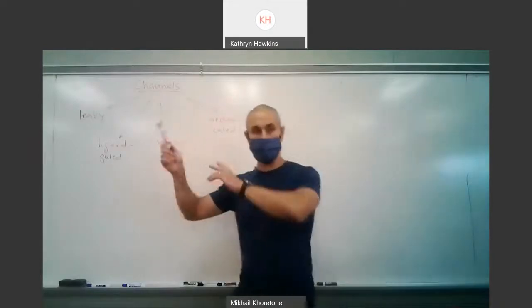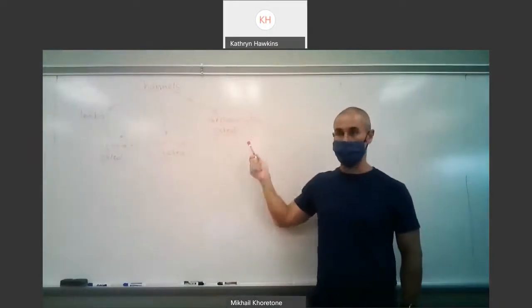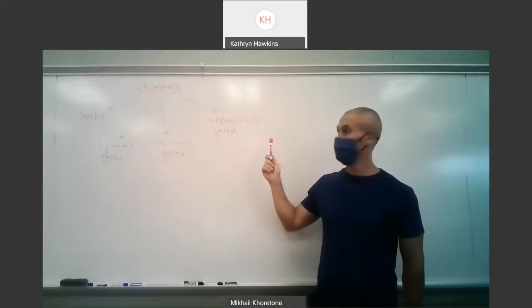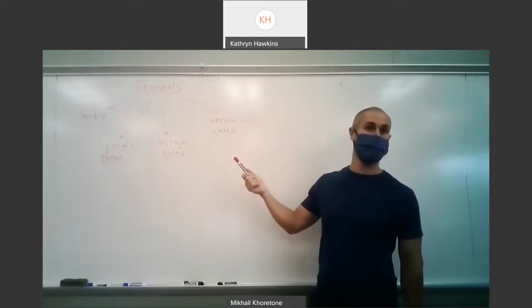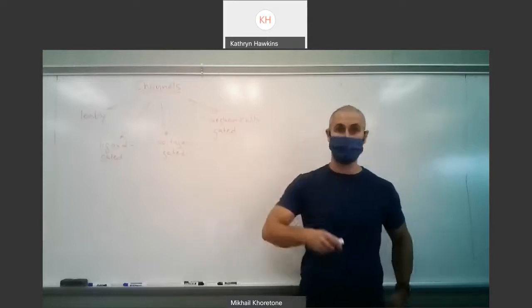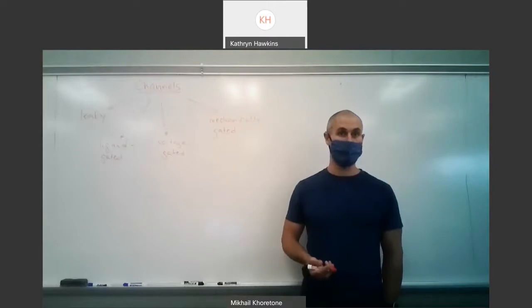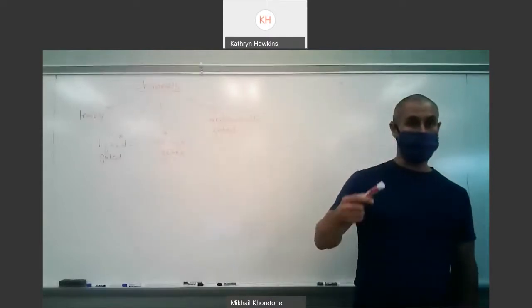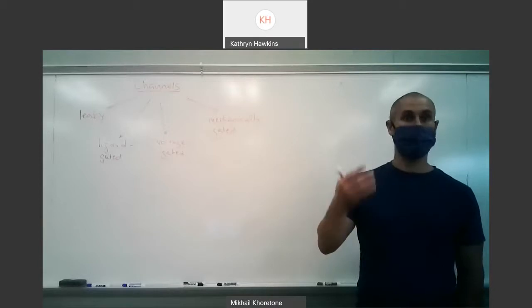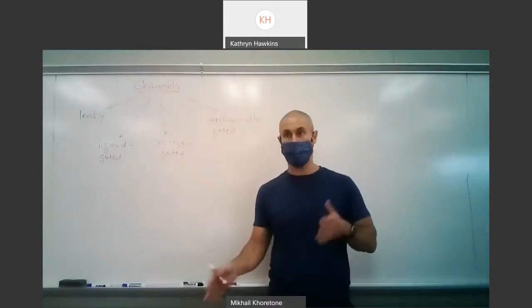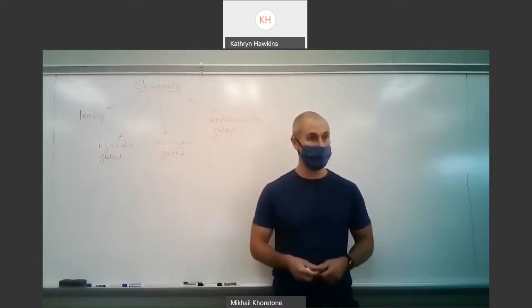I'm going to start from here. So mechanically gated channel. What do you think opens this channel? It's mechanically gated. A mechanical stimulus, for instance, pressure, vibration, right? Does that make sense? These channels are used in our sensations of things like pressure, touch, vibration, distension.